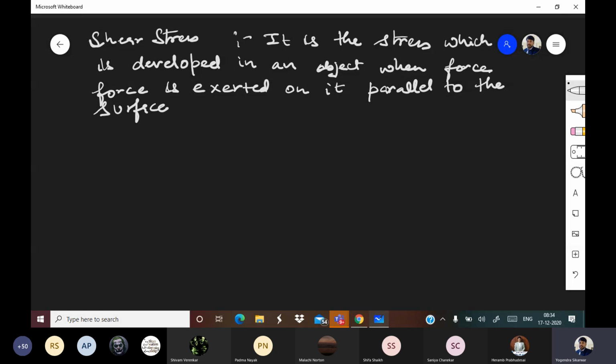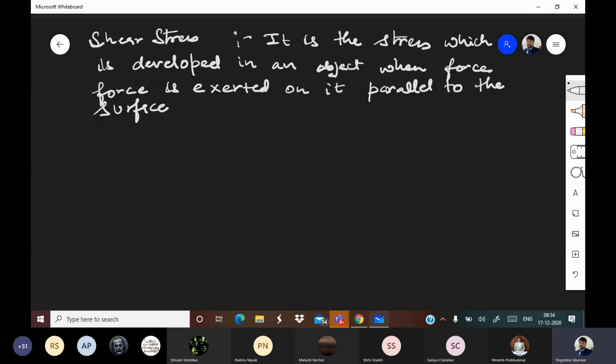Suppose there is some rusting on an iron object. If you want to remove that rust, you need to rub it with sandpaper, right? So when you are rubbing it, you are exerting force parallel to it. That kind of force is going to produce shear stress.